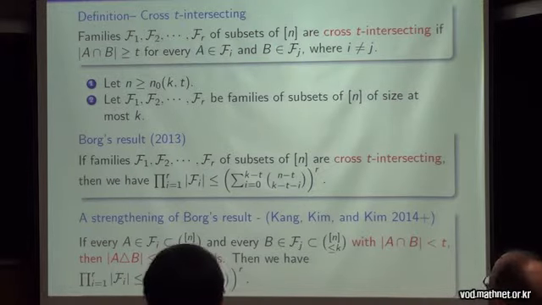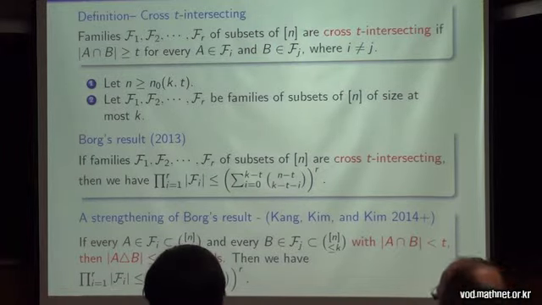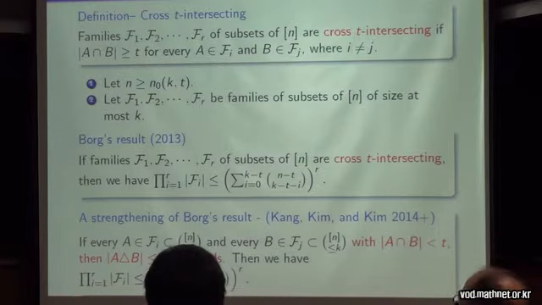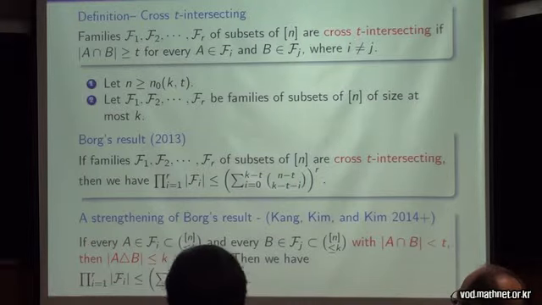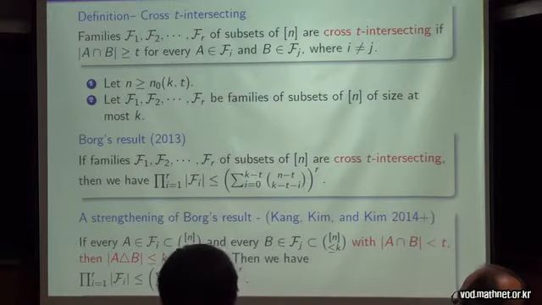The size of the intersection of two sets is greater than or equal to t, where these two sets are selected from different set families. Then we say that this pair of set families is cross t-intersecting. So we give the following strengthening of both results related to the cross t-intersecting case.